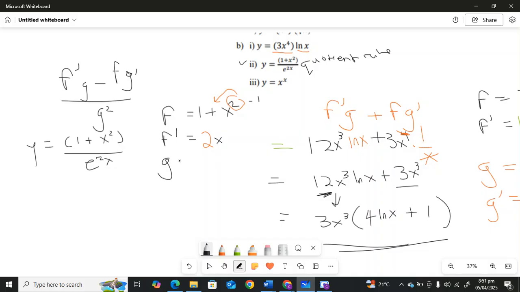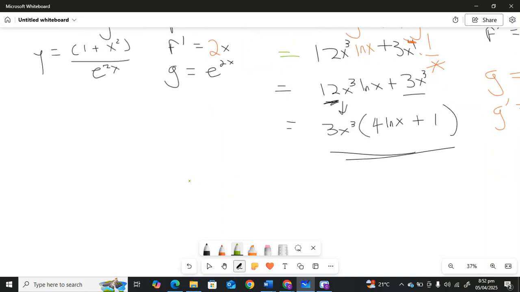We pick our G. Our G is e to the power 2x. So this is how you derive e, which is Euler's number. The derivative of e to the power x equals e to the power x multiplied by the derivative of x.